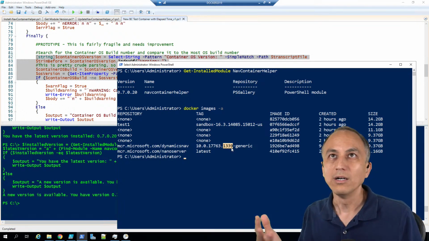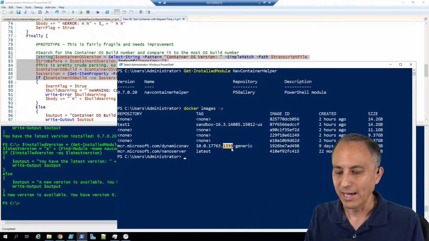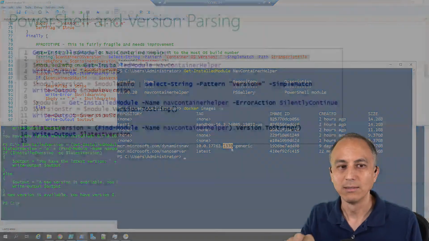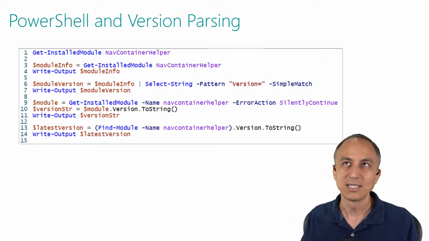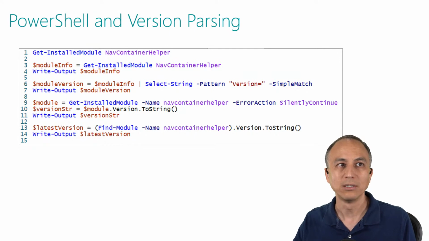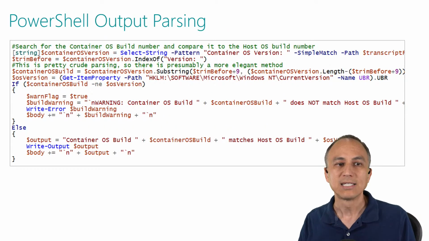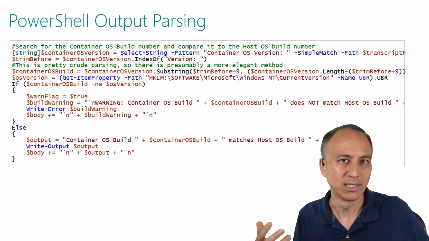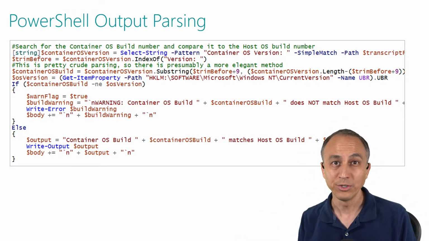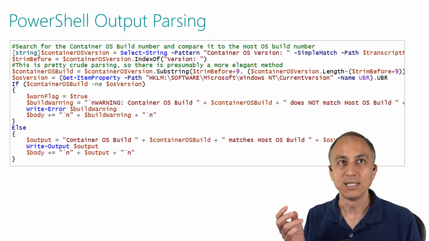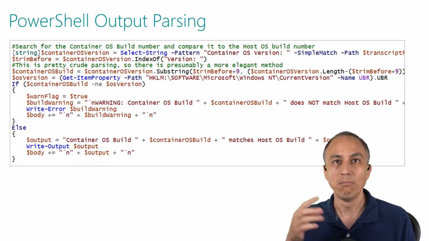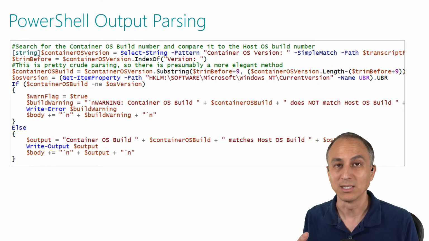So all of this is to say that version parsing in PowerShell seems to be kind of important. Seems like something I need to know how to do, and it could be of value in many situations when you're trying to automate something.